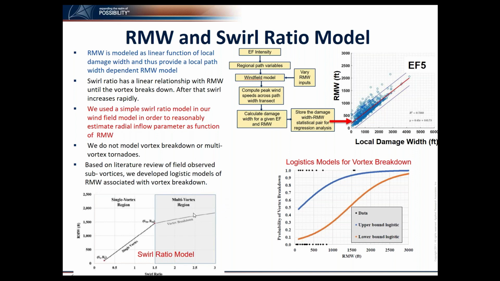So using that information, we developed a simple swirl ratio model, and once we get the swirl ratio, we obtain the inflow parameters for our model. And the vortex breakdown is decided using a logistic model. The logistic model is also developed from the literature review of the events where the tornado shows as a single vortex or multi-vortex based on the researchers' interpretation.